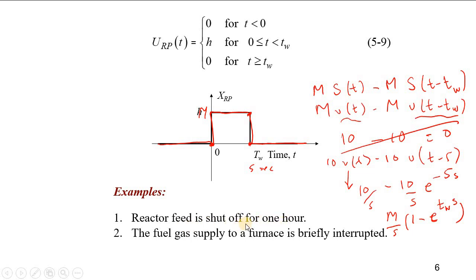So you shut off the reactor and then you put it on again. So this could happen. Or fuel gas supply to a furnace is being interrupted. For some time that it was interrupted, there was no fuel gas, and then it was back to normal. So it went out of its normal condition, its normal position. It went up, and then it just went back to its normal condition later.